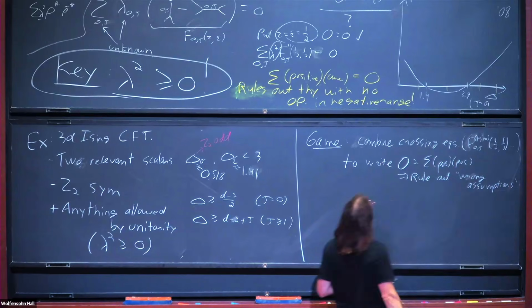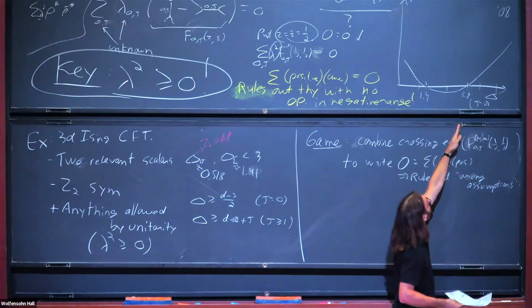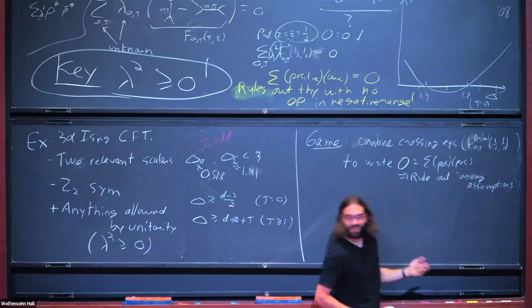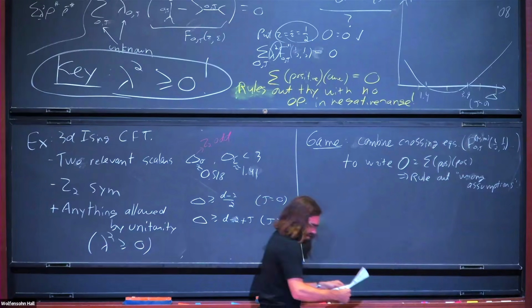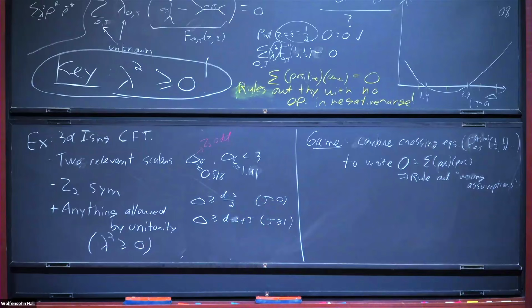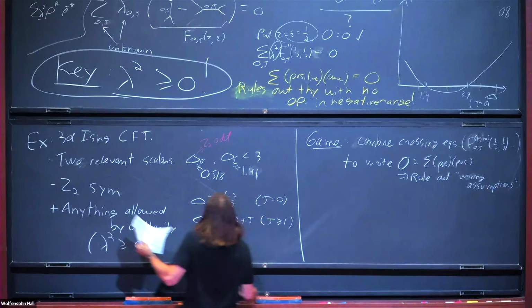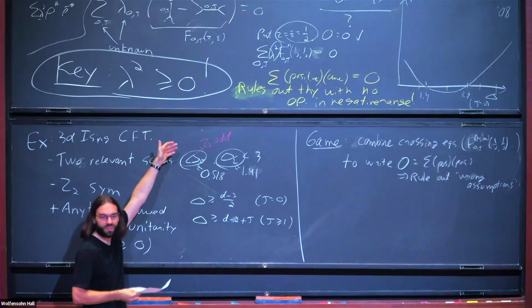So the assumption that there was nothing between, say, 1.4 and 3.9 of this plot is ruled out in that sense. The simplest assumption you can make to begin with is this: in order to run this code, I have to choose values for delta sigma and delta epsilon, these two exponents, because all the crossing equations depend on them.